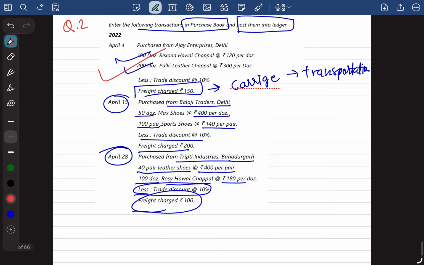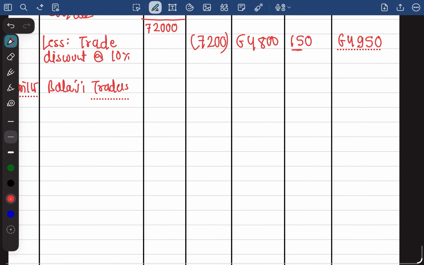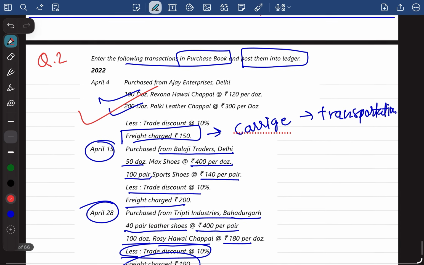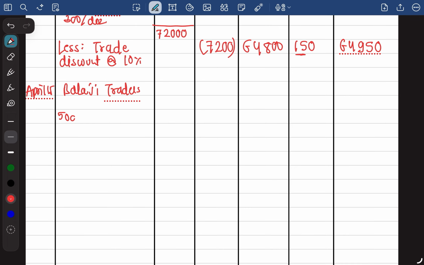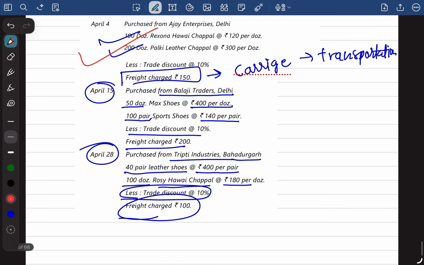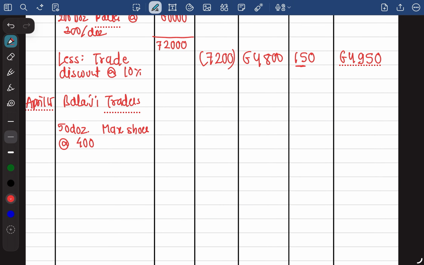Next, April 15, purchase from Balaji Traders. We purchased 50 dozen Max shoes at 400 per dozen.